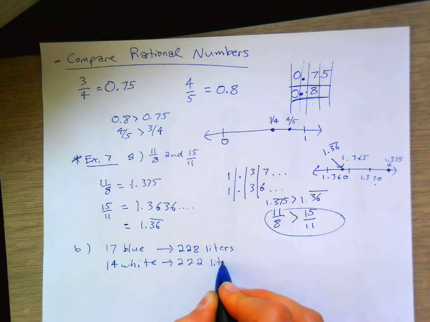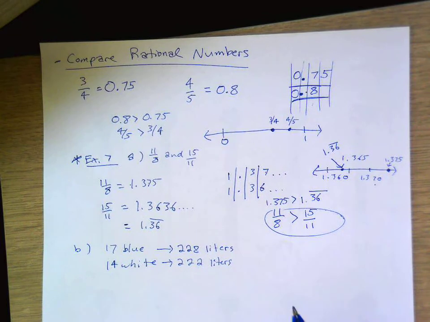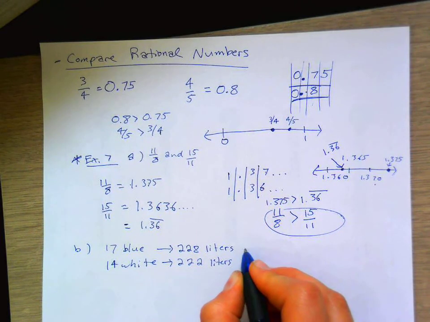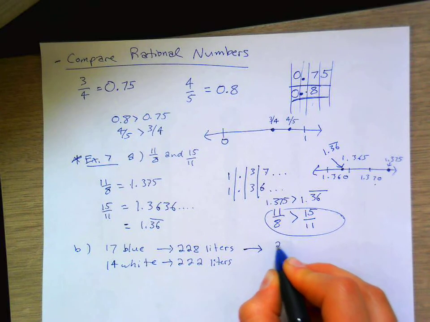So to do this, we're going to find out how much on average is in a blue bottle, how much on average is in a white bottle of this liquid. To do this, we simply divide. 228 total liters divided by 17 blue bottles.